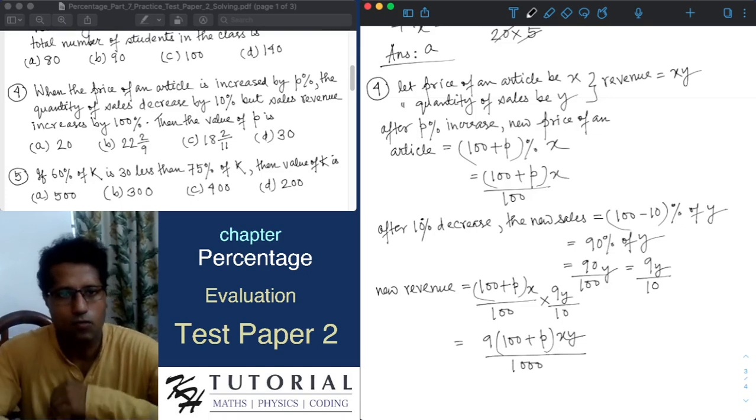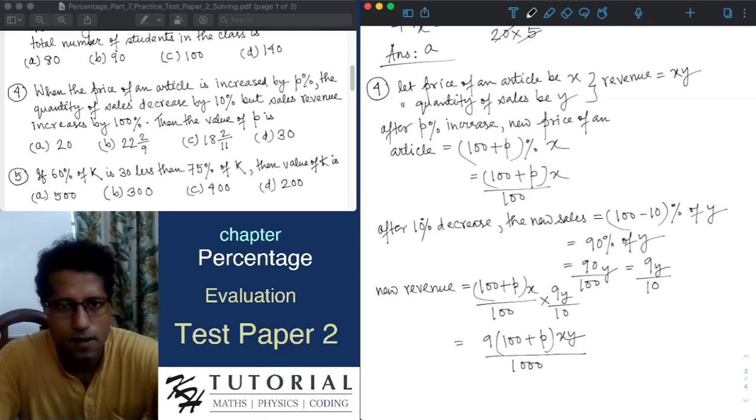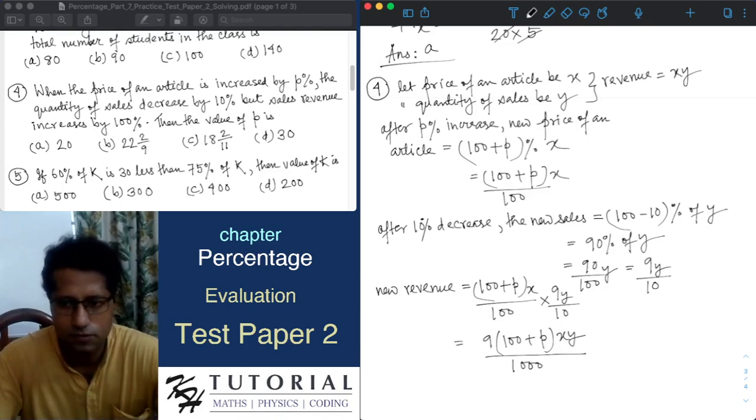It says that the quantity of sales decreased by 10%, but sales revenue increases by 100%. Sales revenue increases by 100%.